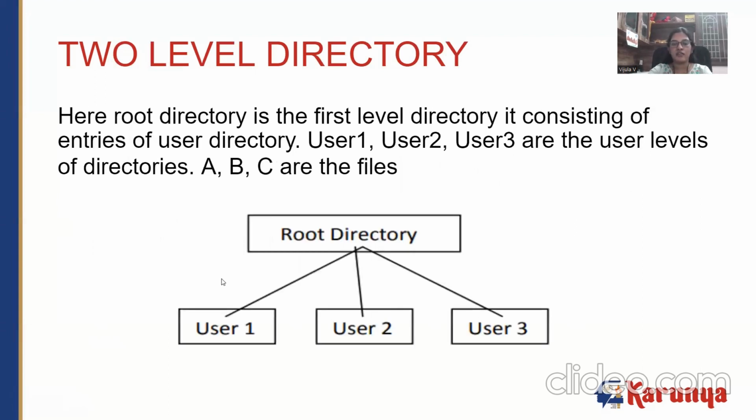So we have another structure representation where you can see that in the single level, we had a root directory from where all the files were connected, consisting of all the files. But here the root directory consists of the users, and from there the user would have the directories, and within the directories the files would be located.